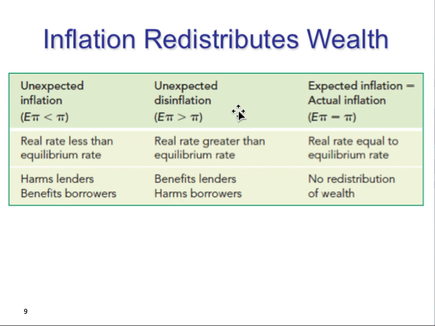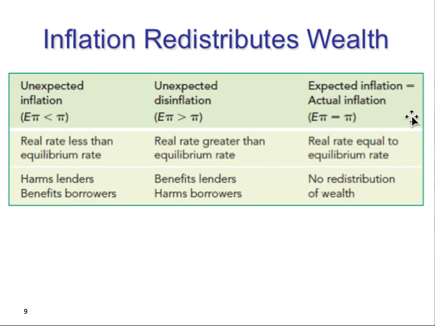So both of these columns involve either the lender or the borrower ex post being unhappy with the deal that was cut. Only in this instance, when expected inflation is exactly equal to actual inflation, is there no redistribution of wealth, and the lender and the borrower ex post say, yeah, that's a contract I would have signed ex ante.